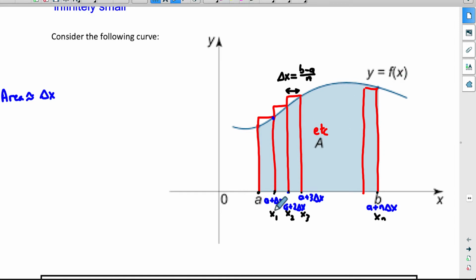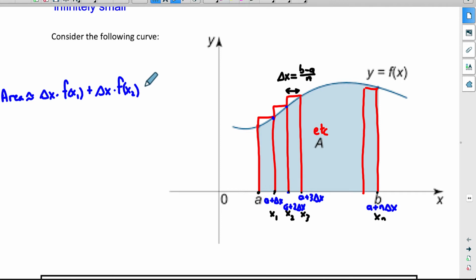That's the height, wherever this function ends up at x1. So you'd need to multiply by f of x1. That would be the first rectangle, plus the second rectangle. Well, the width is always the same, and this time though you'd multiply by however high the function is at x2, right there. F of x2 takes you up to there, and that's the top of the rectangle. So f of x2, and you can probably see what's going to happen.